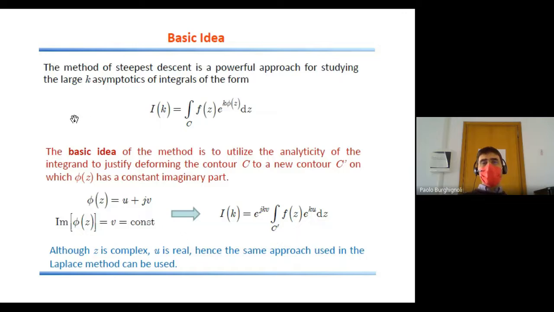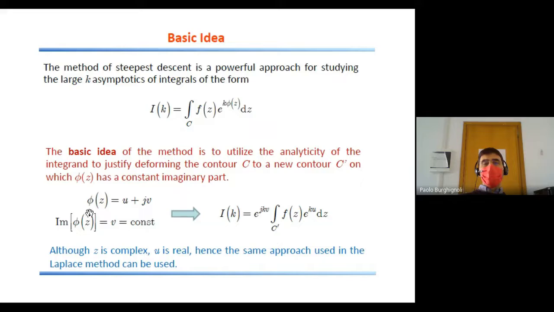Now, the basic idea of the method is to use the analyticity of the integrand, so we may make use of the machinery of analytic functions of one complex variable to deform the integration contour C to a new contour, let us call it C prime, on which the function phi, which is in the exponent of the exponential, has a constant imaginary part.